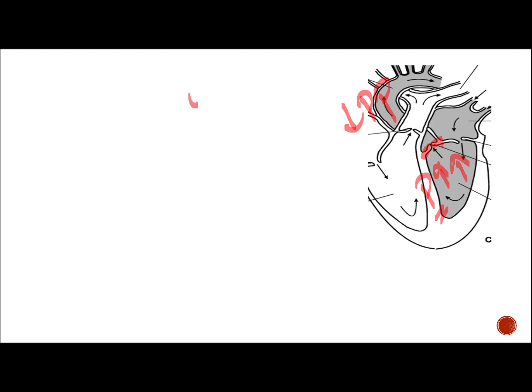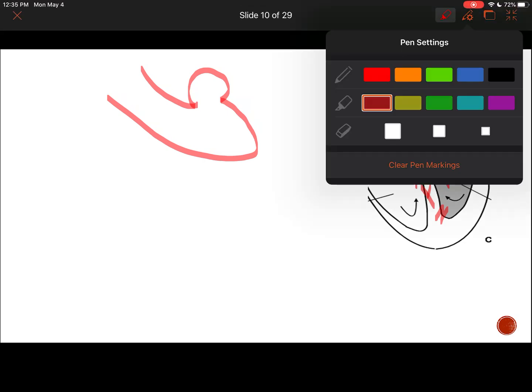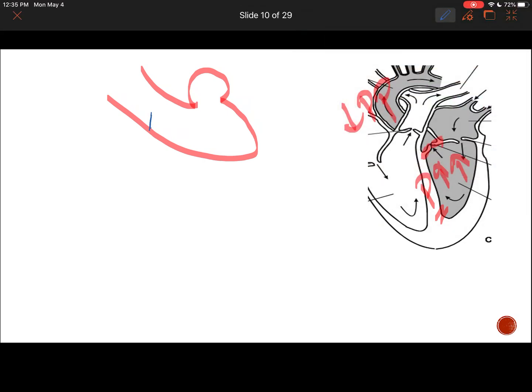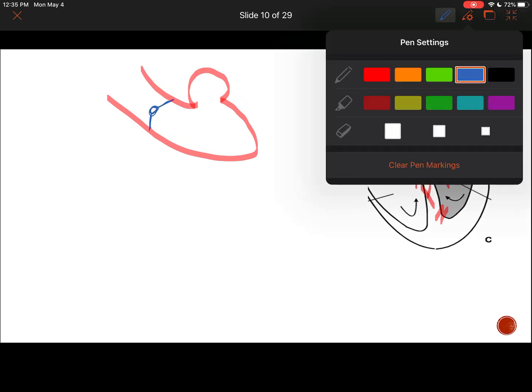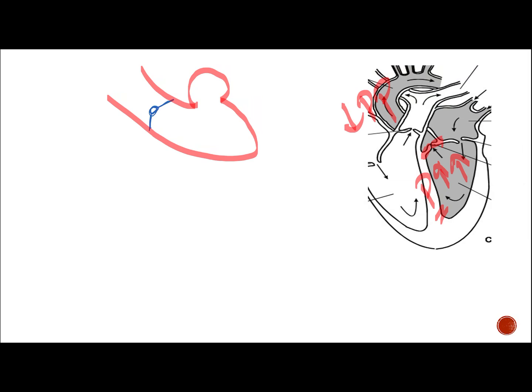I'll draw this increased ventricular pressure here. This is the atrium, this is the ventricle, and this is the aorta. Here this is a stenotic valve, and here this is the mitral valve.